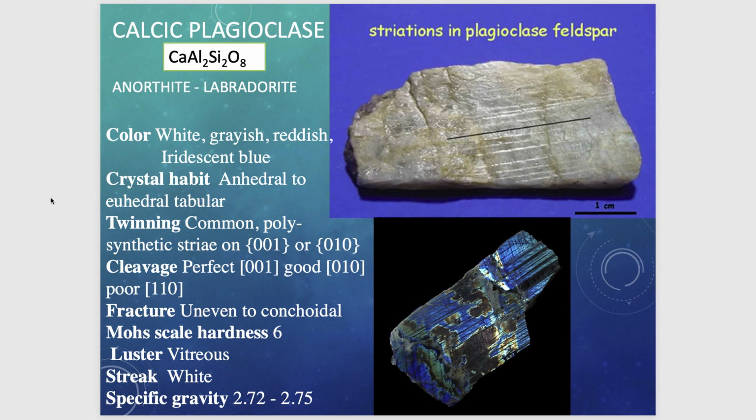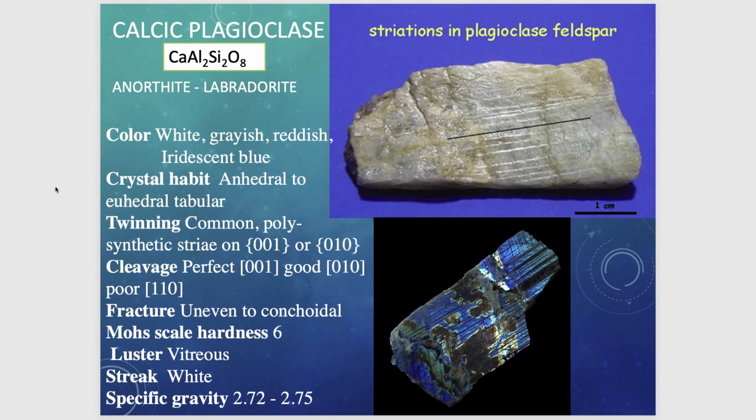So it's a bit easy to confuse it with quartz, but the hardness will help you in making a distinction, because you will be able essentially to tell them apart. If you try to scratch quartz with a plagioclase, it's not going to work, and you will be able to use quartz or a knife to actually scratch the feldspar. So that's an important distinction.